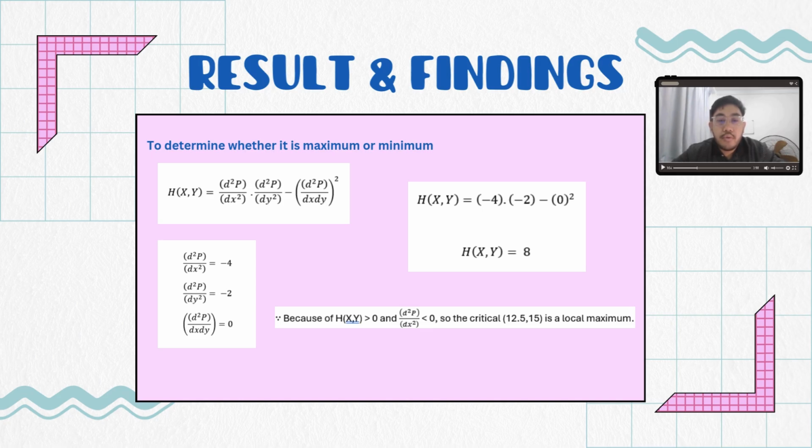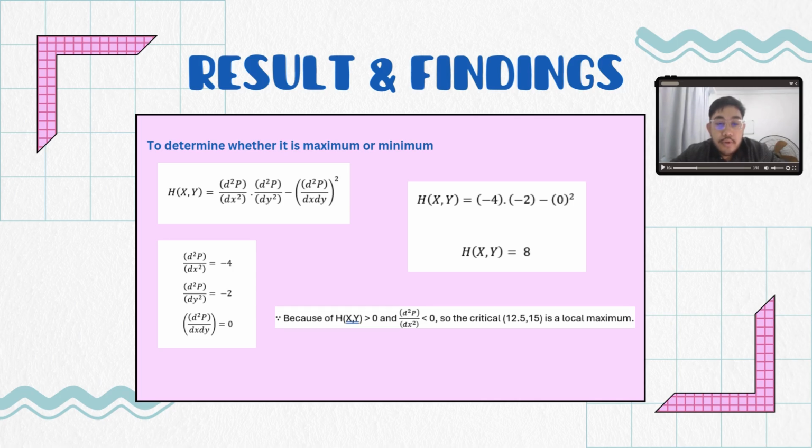I will continue with how to determine whether it is a maximum or minimum for the previous equation. To find the maximum or minimum, we use this formula: the second derivative with respect to x times the second derivative with respect to y, minus the square of the mixed partial derivative. The second derivative with respect to x is -4 and the second derivative with respect to y is -2.